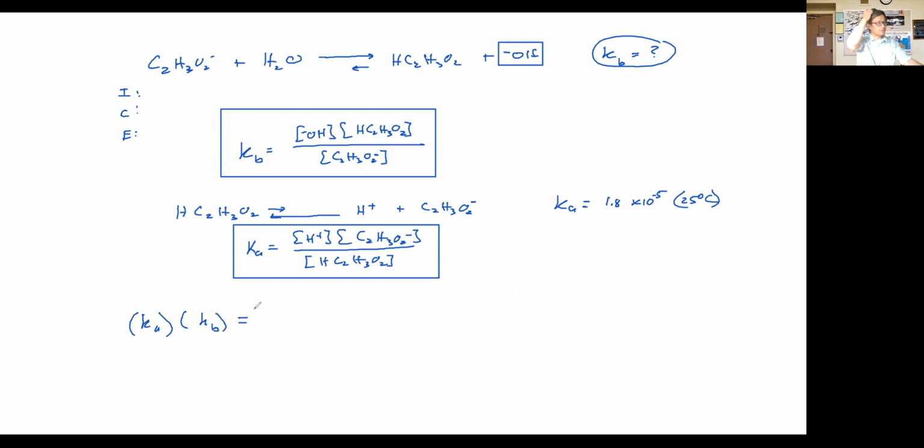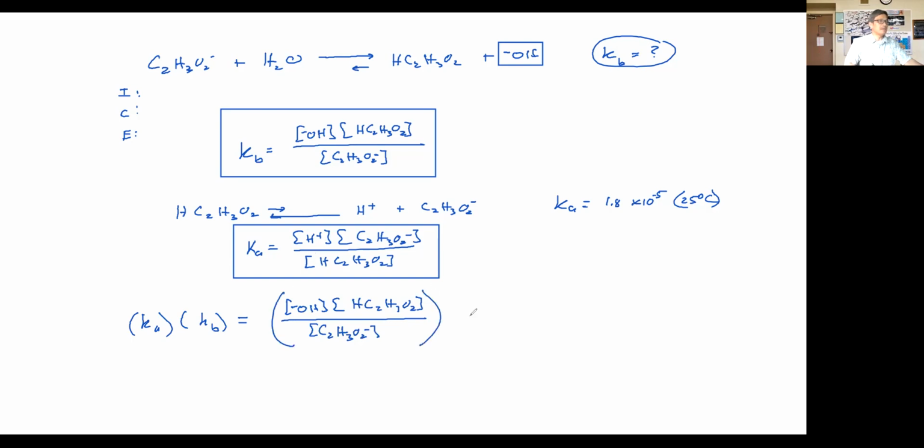Then we have the concentration of hydroxide ions, the concentration of the acetic acid, all over the concentration of the acetate, C2H3O2 minus. That's Kb.